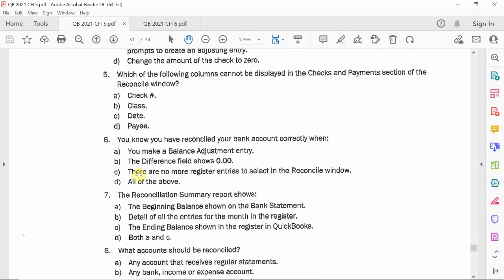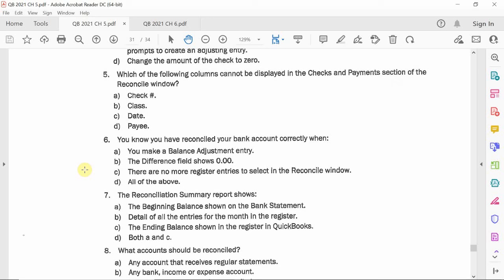Number 6, you have to reconcile your bank account correctly when... how do you know you did the bank reconciliation correctly? B. B, right?